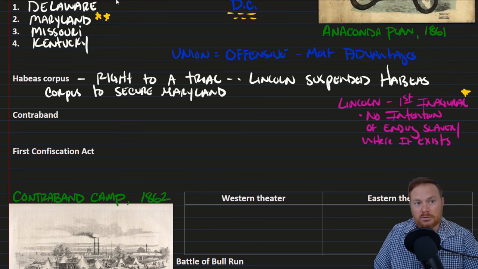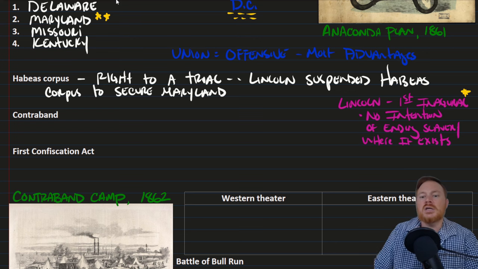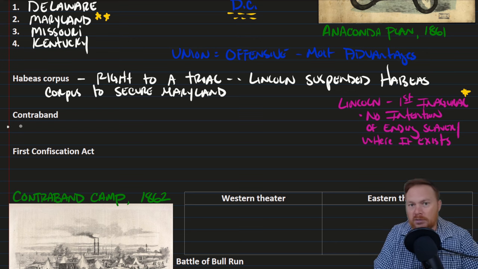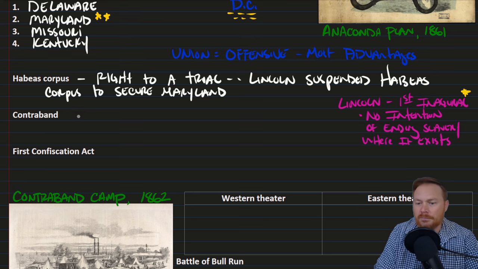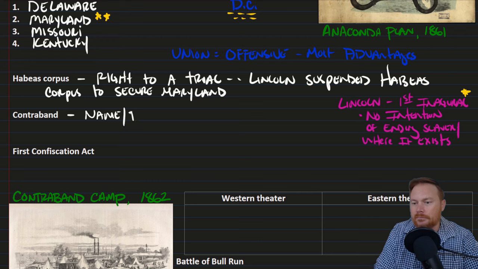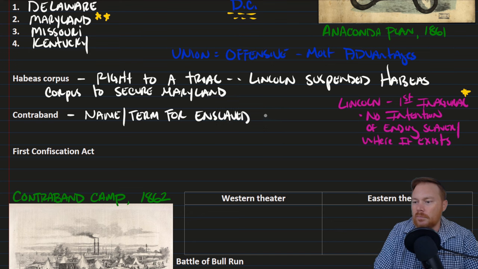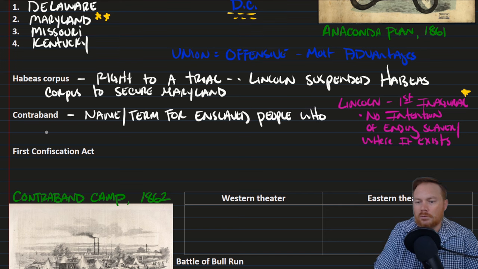Union generals began to protect enslaved individuals who had made it to their lines. And they used this term contraband to describe exactly those people. So, contraband is a term for enslaved people who had escaped to Union armies.